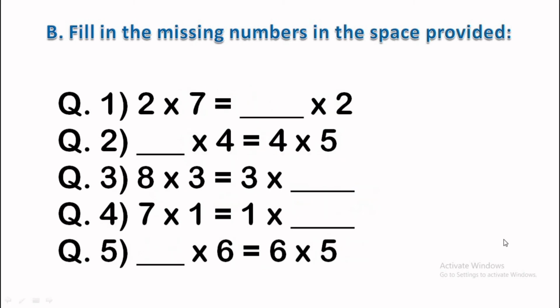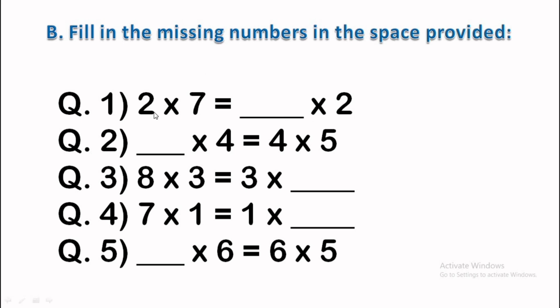Now let us practice it together. Question number 1. 2 into 7 equals dash into 2. Here on the left hand side of the equals to we have 2 and 7. On the right hand side of the equals to we have 2 and a place where we have to write the missing number.